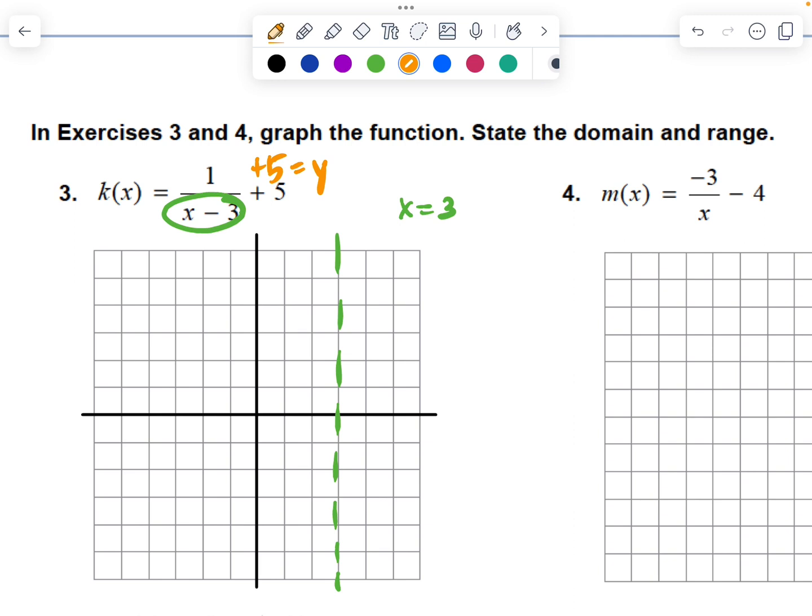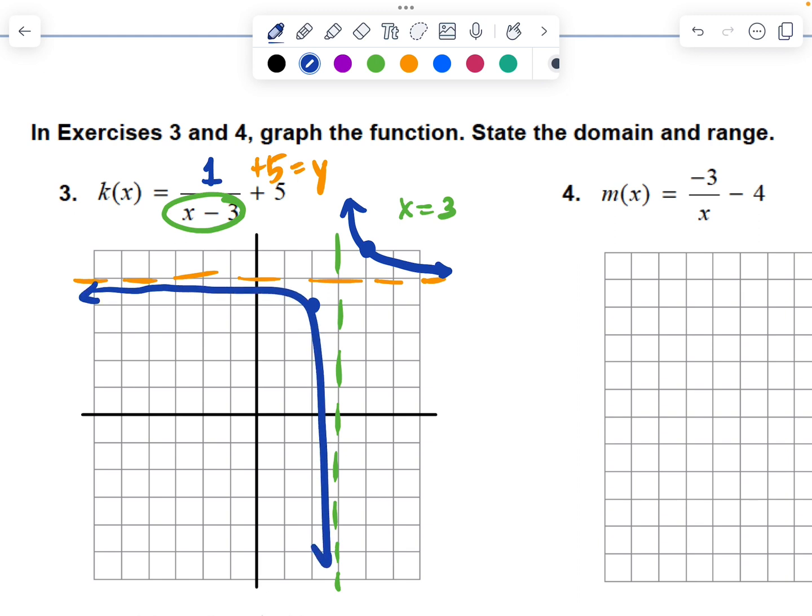So 1, 2, 3, 4, 5. It's just barely going to fit in this grid. Since this is a 1, there isn't any other dilation, so my graph is going to be like this: one branch, second branch. Ta-da! All right, stay tuned. There's probably going to be a little bit more.